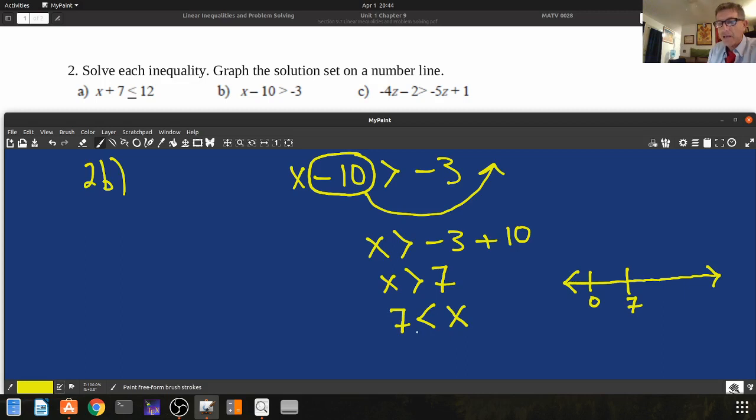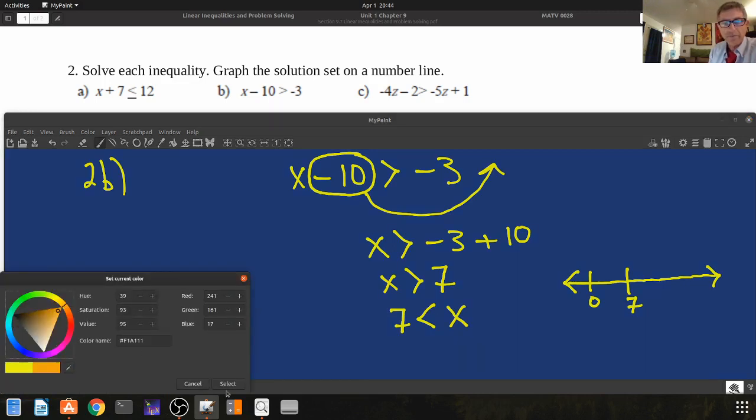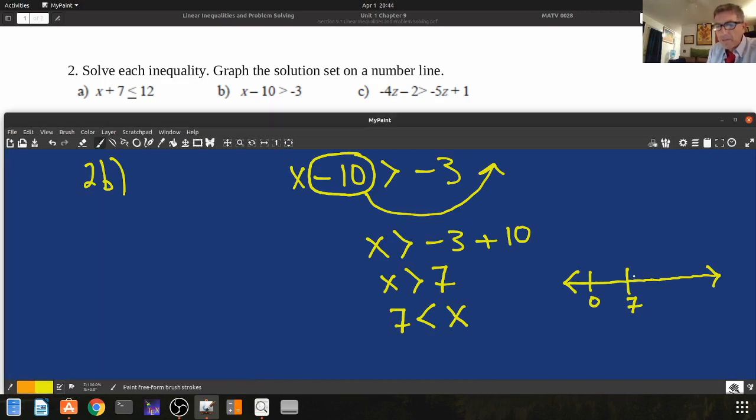And x is greater than 7, but does not include 7. So that means I don't include 7, so it's an open circle. And then x is greater than 7. I just color it in. So any x values that live here make this a true inequality.